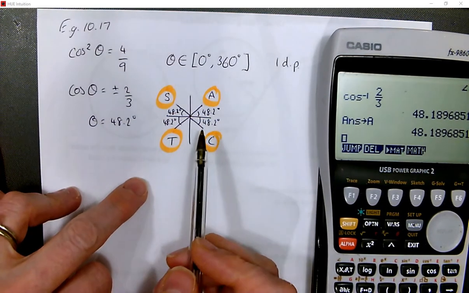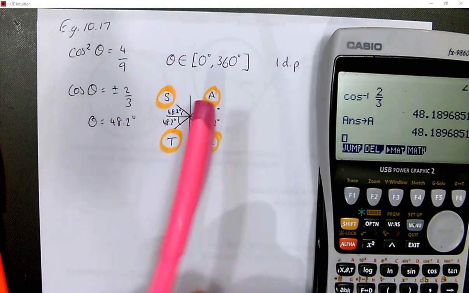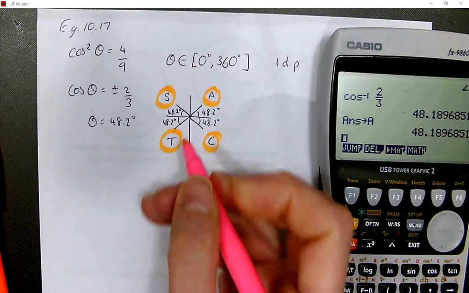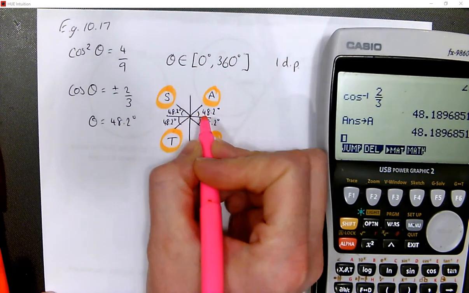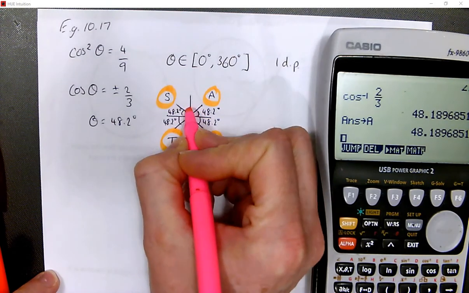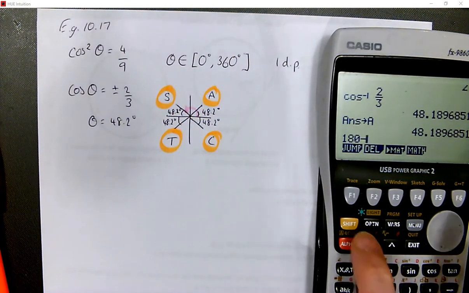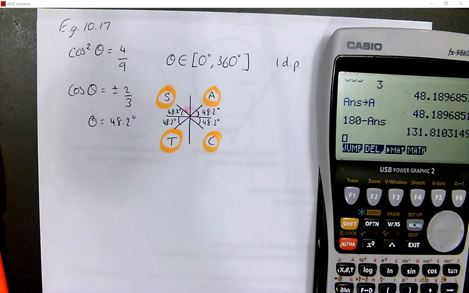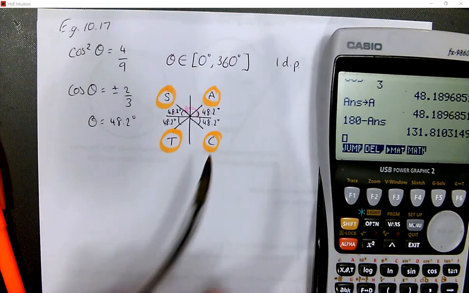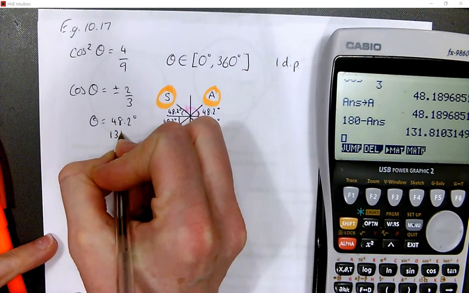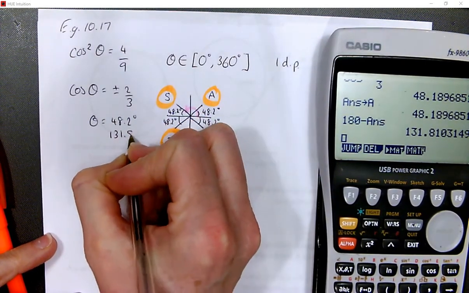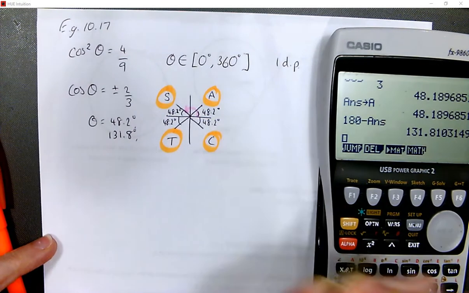Right then, we're going to whirl around going from 0 up to 360. So our first one is 48.2, and then we keep going and we'll get to 180 minus that answer. So we get 131 as well. It's to 1 decimal place, this question.